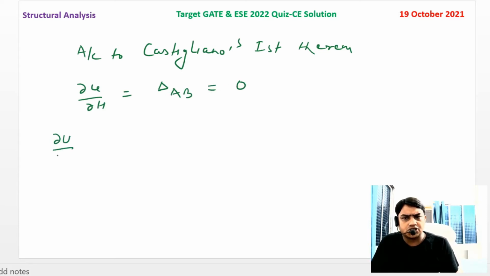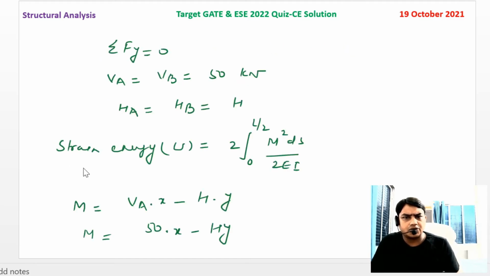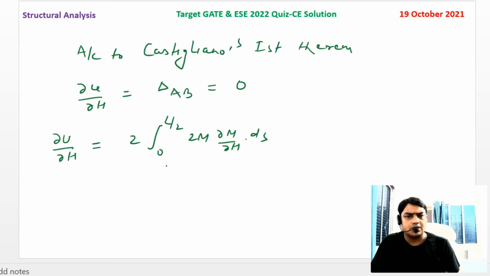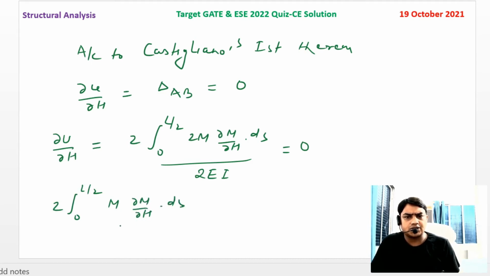So del U by del H can be written as 2 times the integral from 0 to L by 2 of 2M into del M by del H into ds divided by 2EI, and this value should be equal to 0. The 2 cancels, so it is 2 times the integral from 0 to L by 2 of M into del M by del H into ds divided by EI equal to 0.